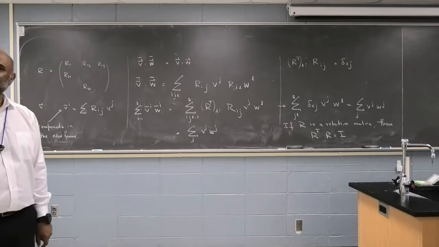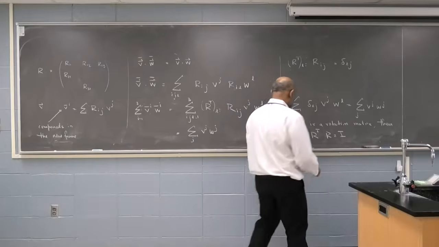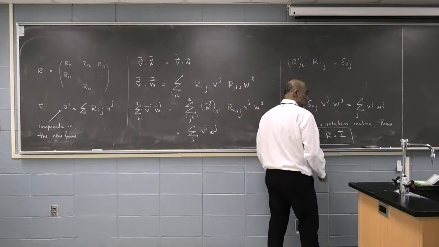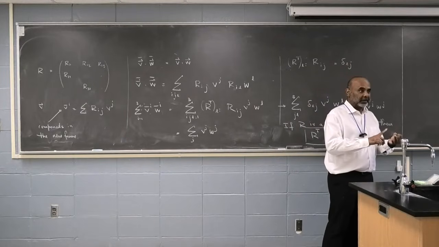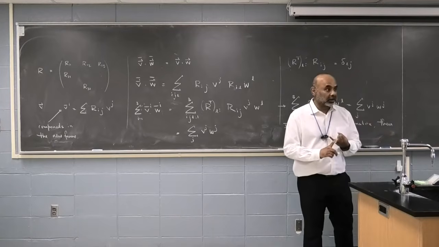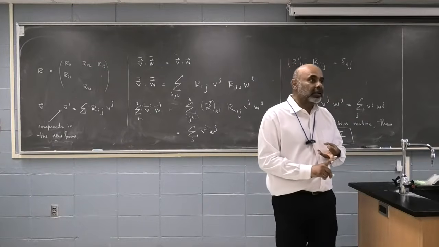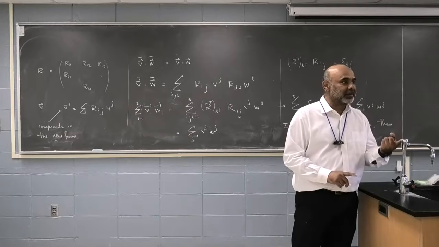Is everyone happy? Happy with the conclusion? Okay. So we've taken care of linearity. We have taken care of the fact that the dot product must be the same. If the dot product is the same, the magnitude is the same. If the magnitude is the same and the dot product is the same, the angle has to be the same.